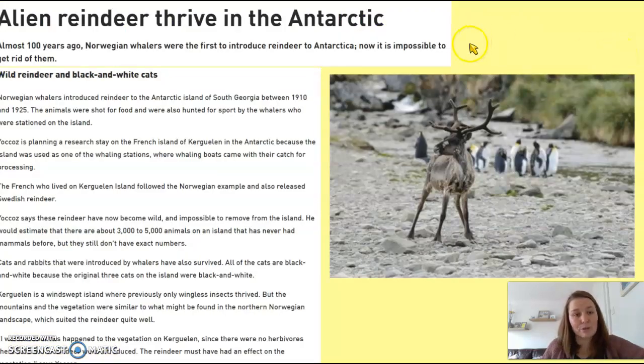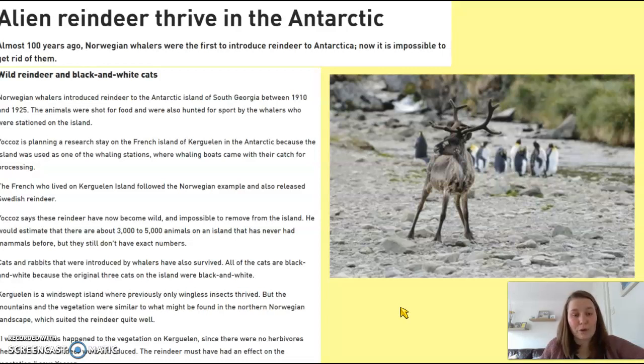This is a newspaper article about reindeer that were introduced to the Antarctic. It says alien reindeer thrive in the Antarctic. Norwegian whalers were the first to introduce reindeer to Antarctica, and now it's impossible to get rid of them. So Norwegian whalers, people who go looking for whales, introduced the reindeer to the Antarctic island of South Georgia between 1910 and 1925.